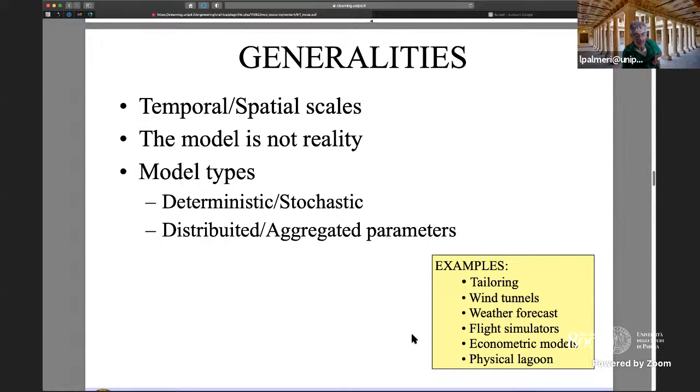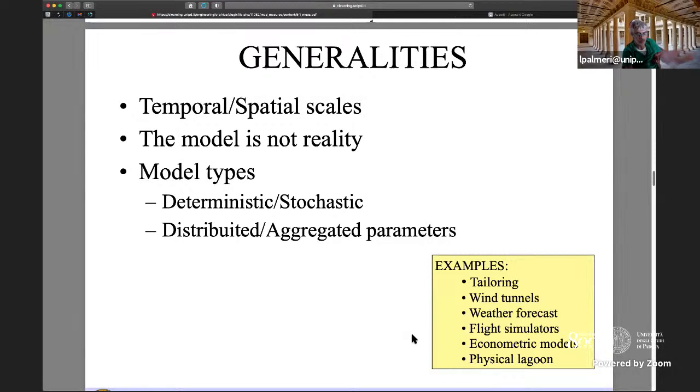If you're going to describe spatial heterogeneity, you are going to employ a distributed parameter model. If you are not interested in the spatial heterogeneity and you're happy with simply a point, a zero-dimensional point model, then you will switch to aggregated parameters.